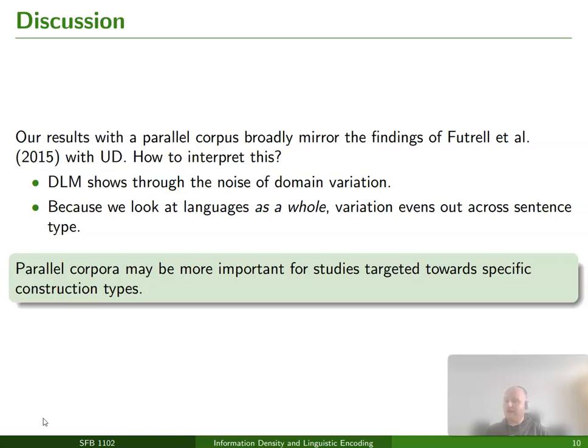So in this study, both universal dependencies and CIEP+ will show the same results. But we think there will be studies where parallel corpora will be more important, and those are studies targeted towards particular construction types between languages. And I think that's the direction that we're heading in next.